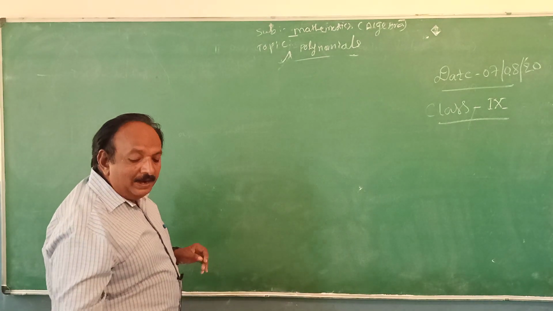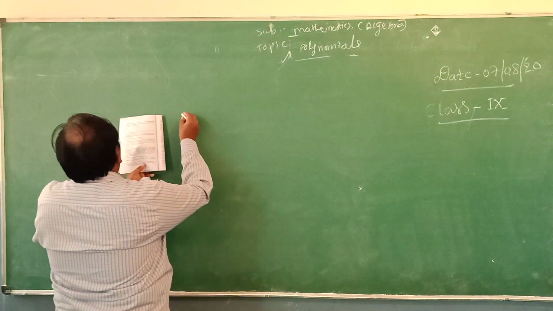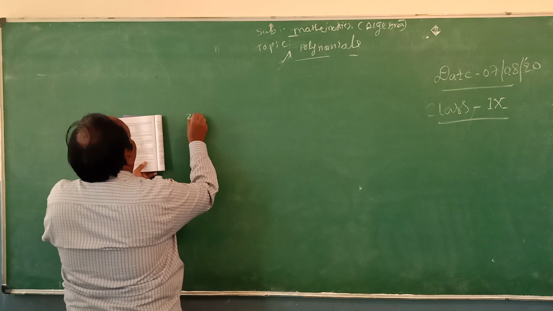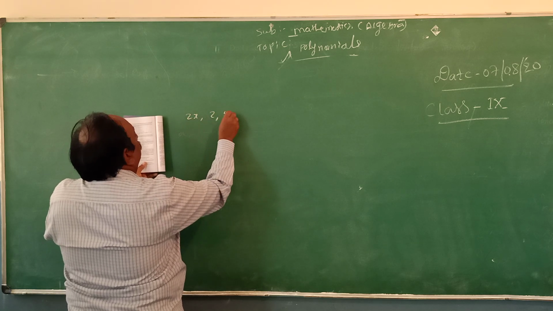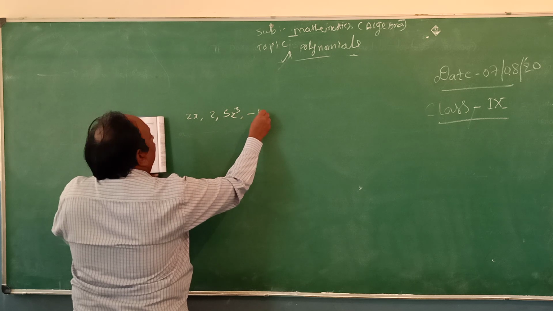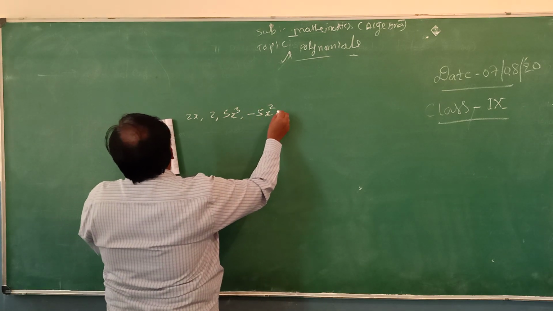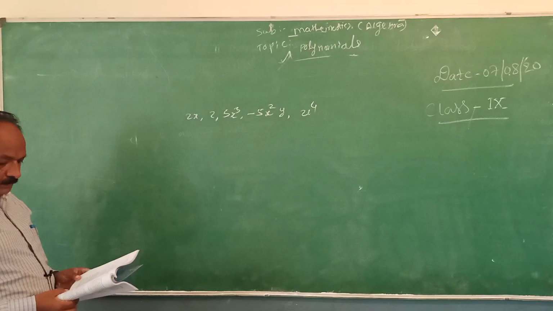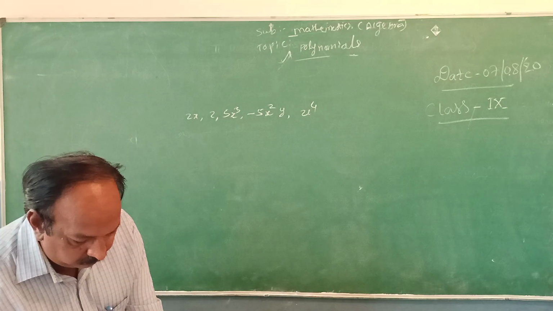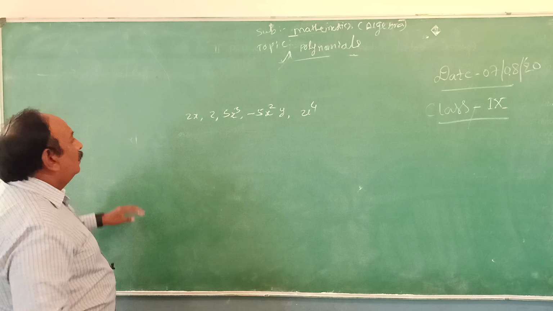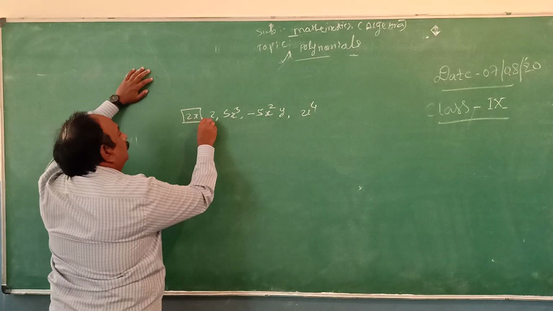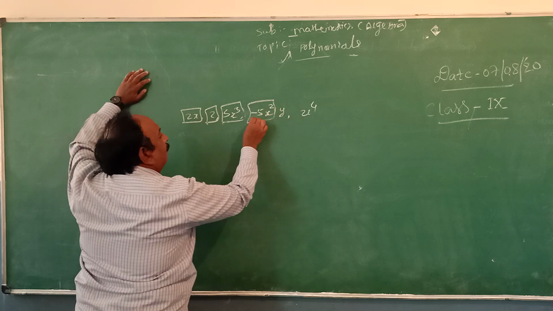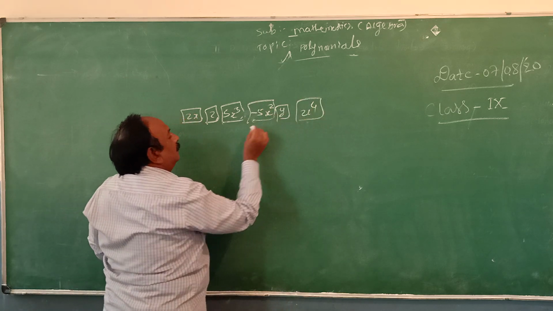Now, types of polynomial. Now observe the polynomials 2x, 2, 5x cube minus 5x square, u to the power of 4. Here, a polynomial having only one term is called a monomial. These are all examples of monomials.